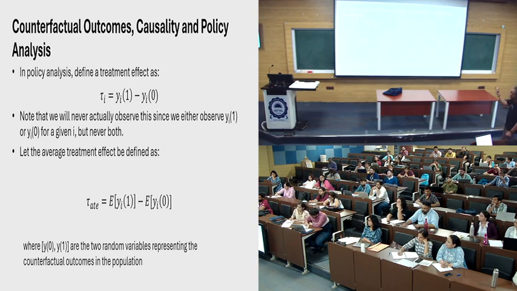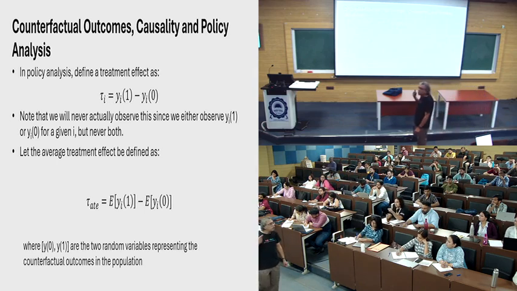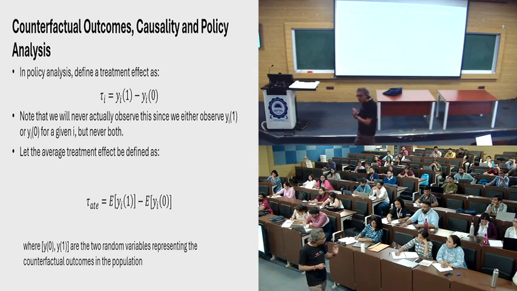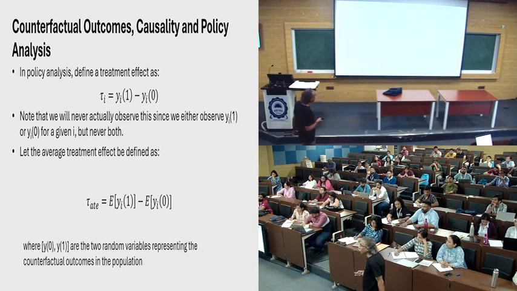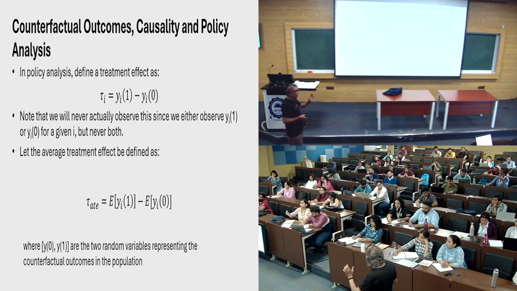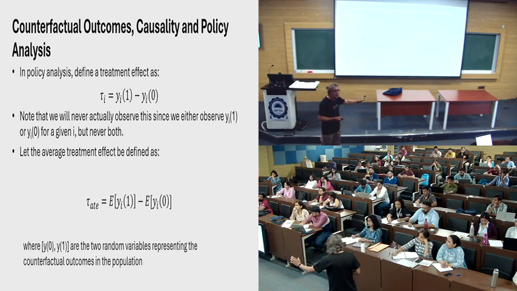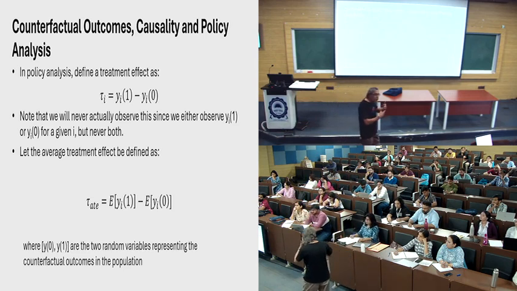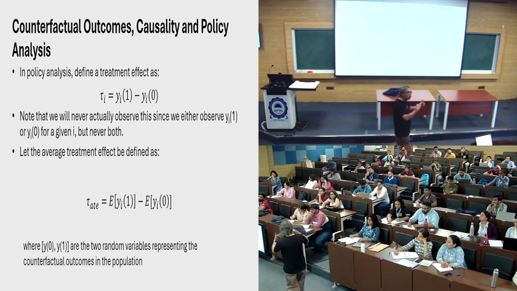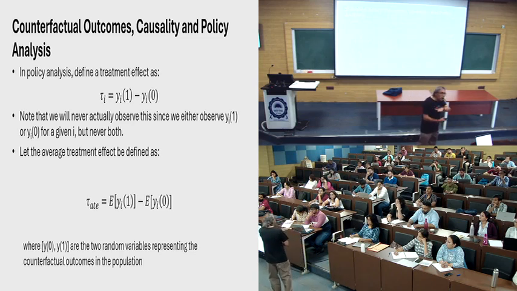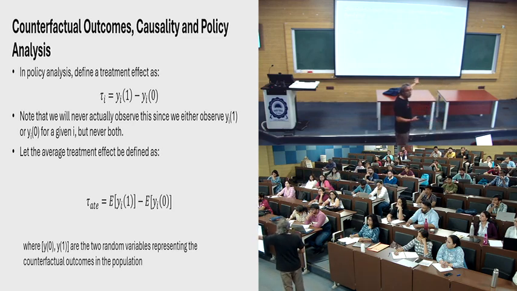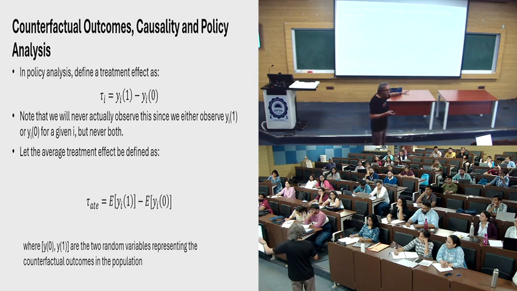And hence I can define my average treatment effect, tau ATE, as the expected value of the difference, y_i1 minus y_i0. Clear? I then take the sum over all the i's and divide it by the number of observations, and that's my expression in terms of the expected difference between y_i1 and y_i0.